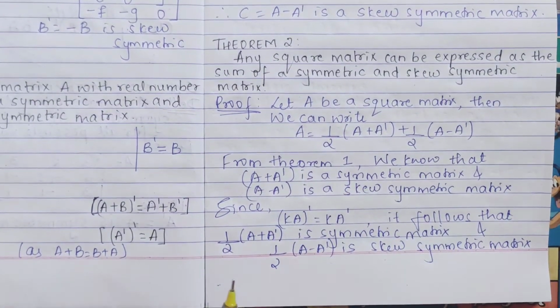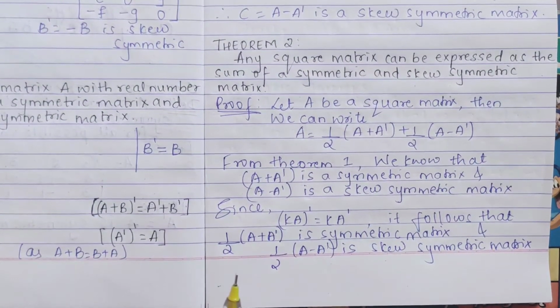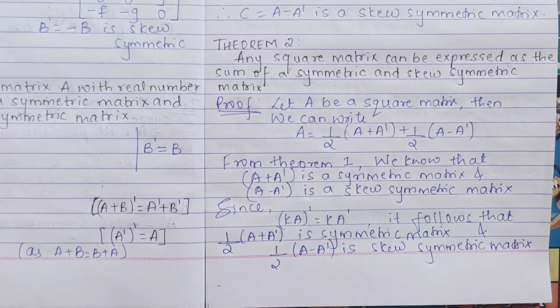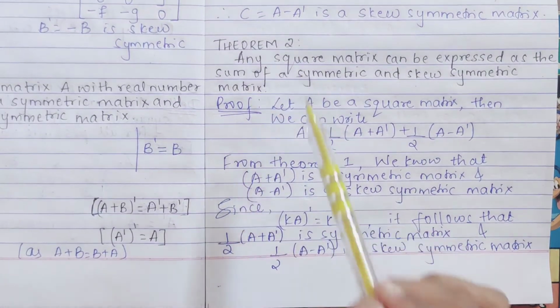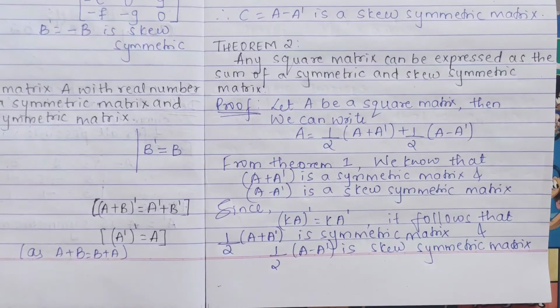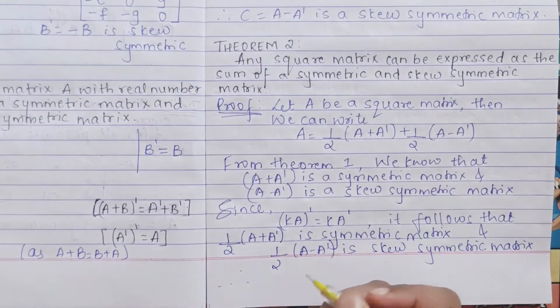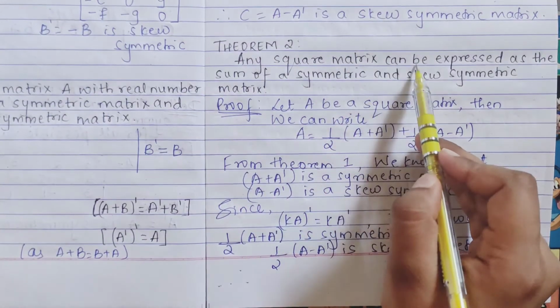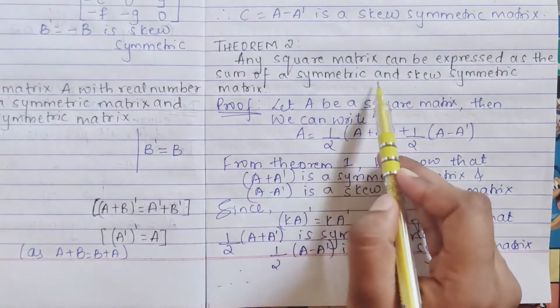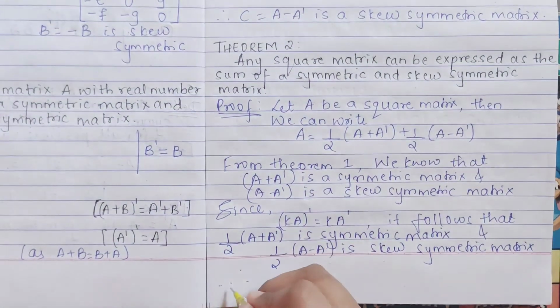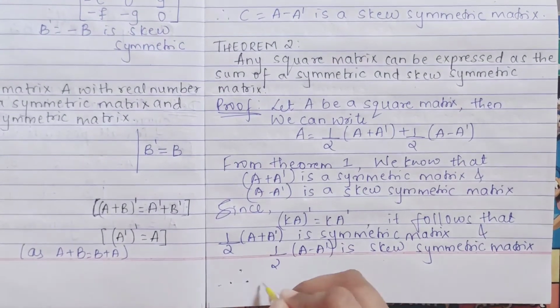Okay. At last you can write: any square matrix can be expressed. Just write here, therefore, and write down this. Any square matrix can be expressed as the sum of symmetric and skew symmetric matrix. You have to write this sentence here at the last.